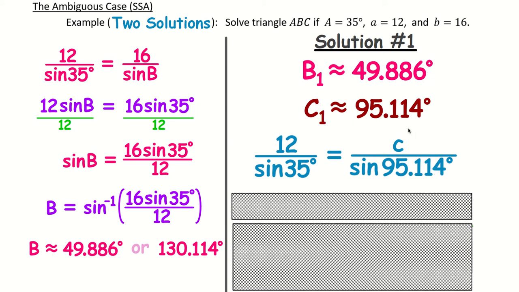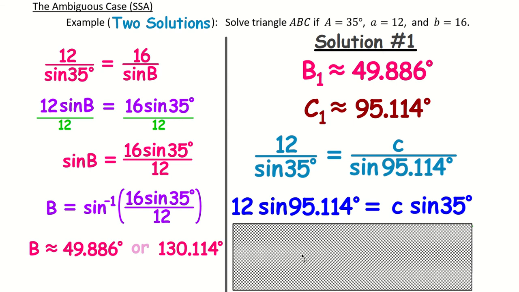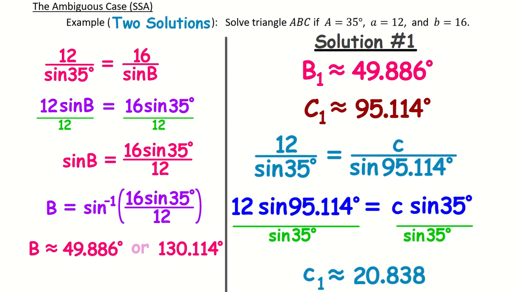And I know, big hypocrite, but we don't really have a whole lot of choice here. We kind of need to use an approximated answer to get little c. Oh well. But again, it's this angle B that leads to this angle C, which is going to lead to this little c. So that is one set of answers for solution number 1.